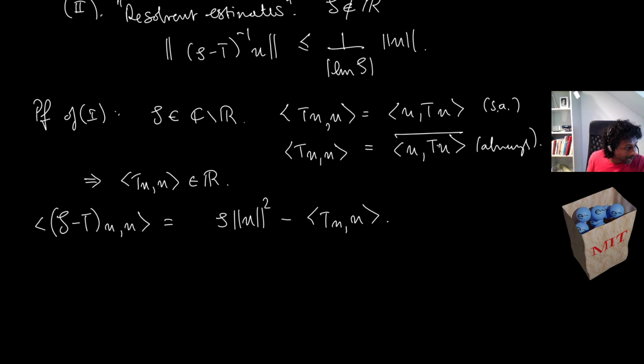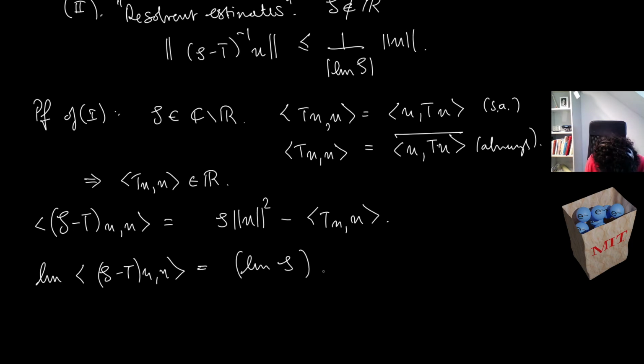Now the imaginary part of the inner product of Tu with u is 0, so I can take the imaginary part of the expression here. The imaginary part of the inner product of zeta u minus Tu with u is precisely equal to the imaginary part of zeta times norm u squared.